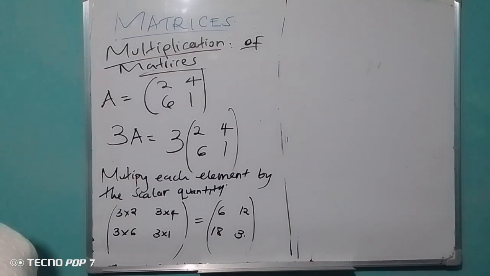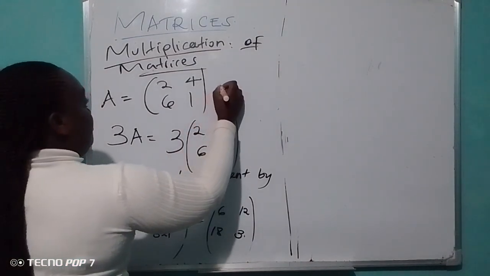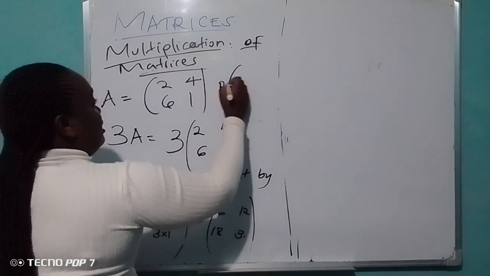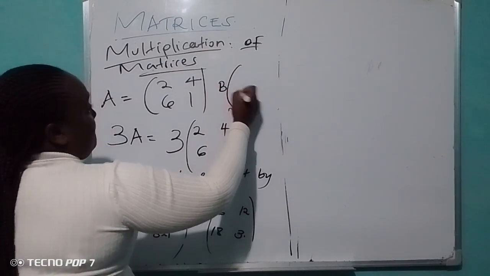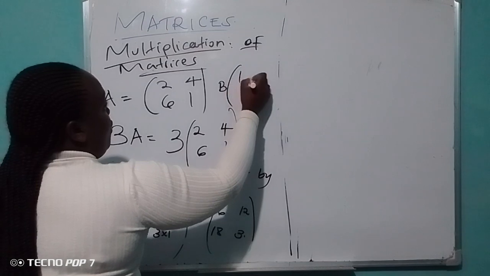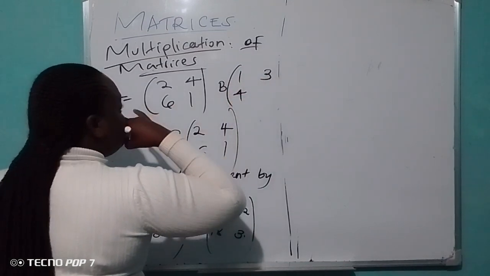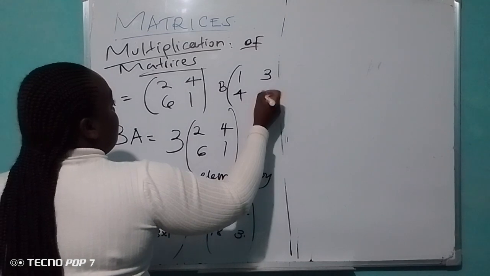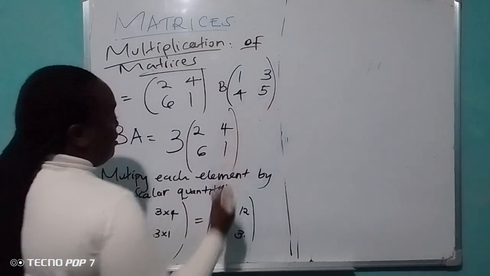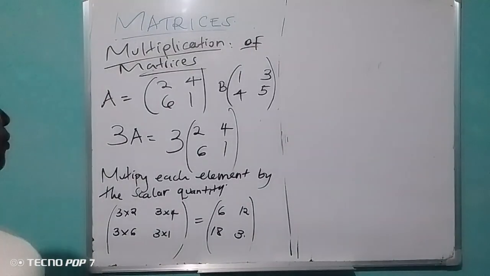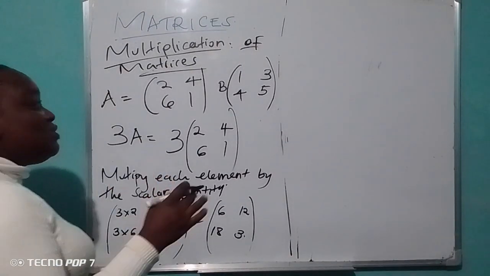But when we are multiplying matrices, this is B, 1, 3, 4, 5. So, for example, we want to multiply a matrix by a matrix.